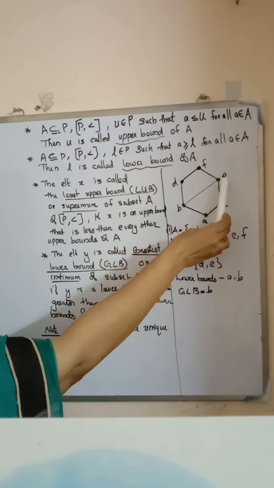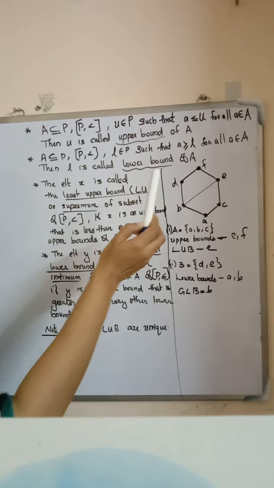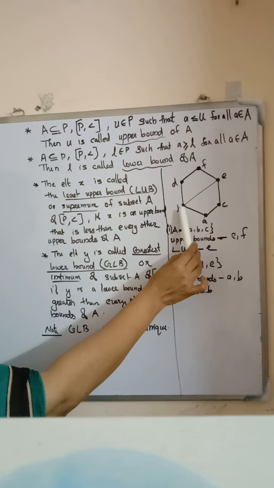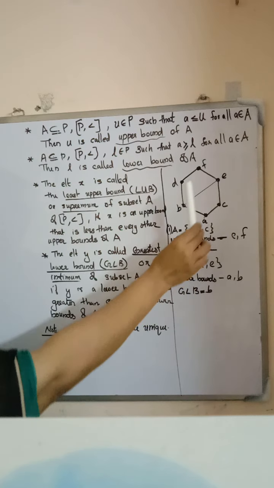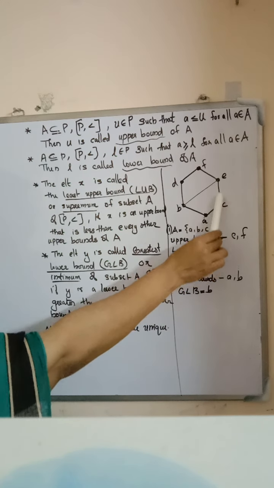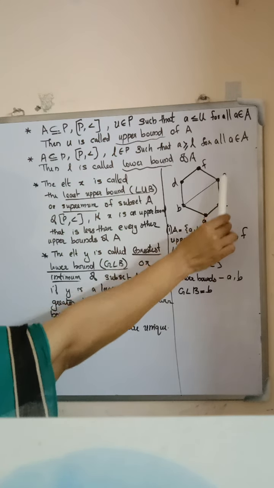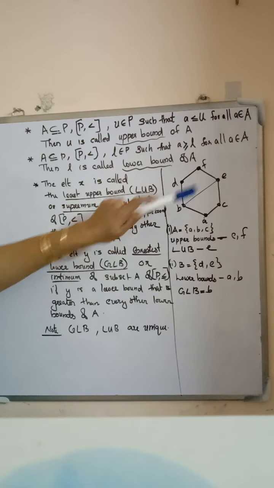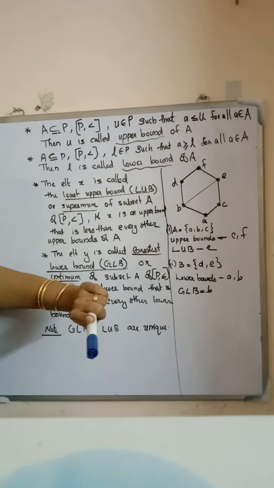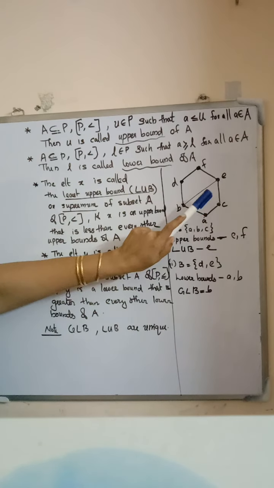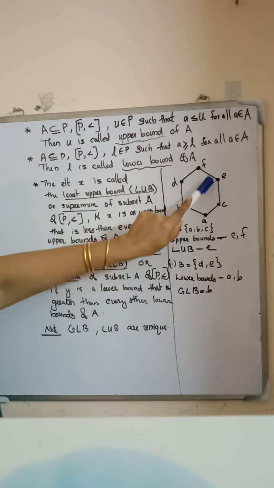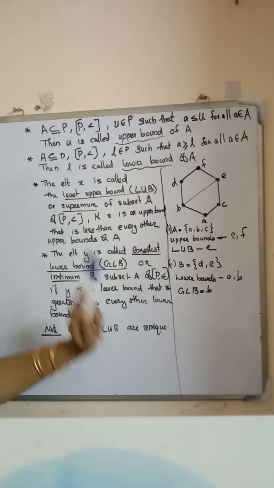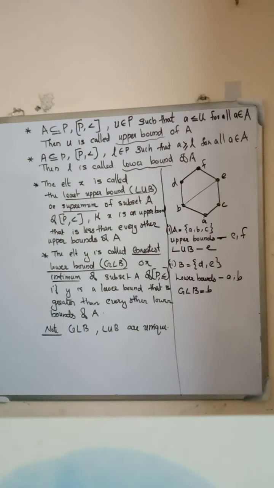Is E in the upper bound? E is a successor of B because B is less than E. C is also a predecessor of E because C is less than E. E is a successor of C also. Is A a predecessor of E, or E a successor of A, or A less than E?